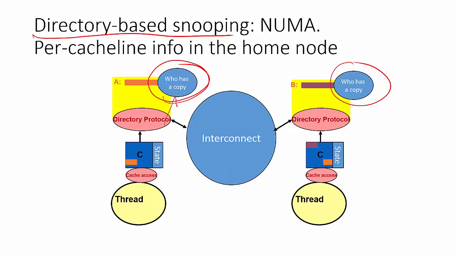It might be the local one, or it might be a remote one. And you have to look up the directory contents. The really good thing with this kind of organization is that the interconnect here can be any kind of interconnect. In particular, it does not need to be a broadcast mechanism. It can be a scalable interconnect that scales the bandwidth up when you add more cores to it.